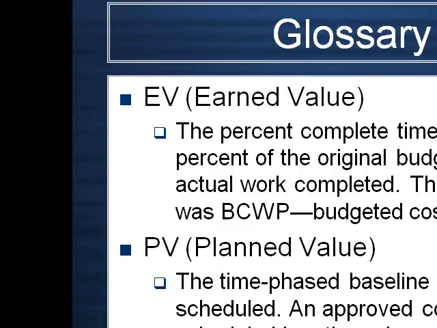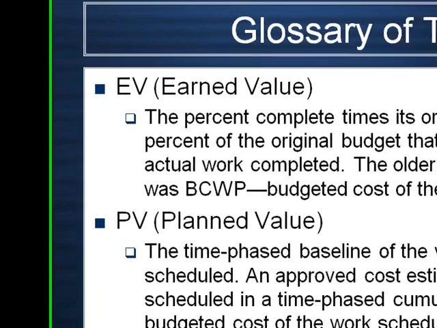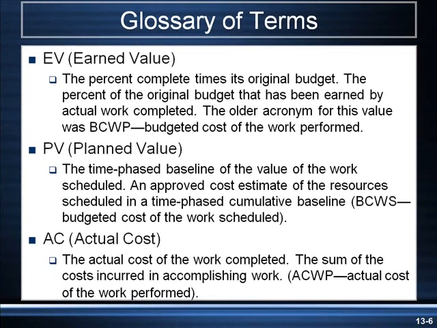If you work on some older computer programs, that would be called a different name. It's the budgeted cost of the work performed. But generally we use earned value now. The software programs have changed. So that's the earned value.